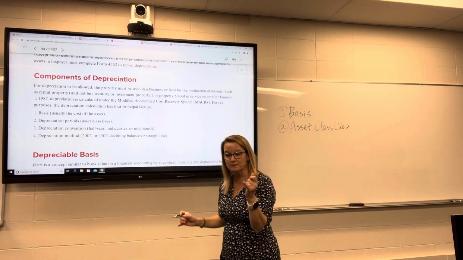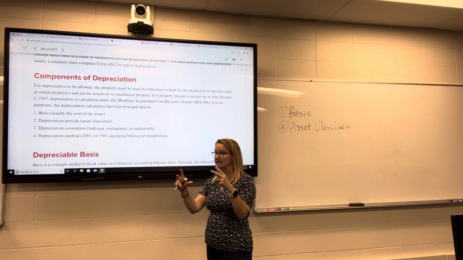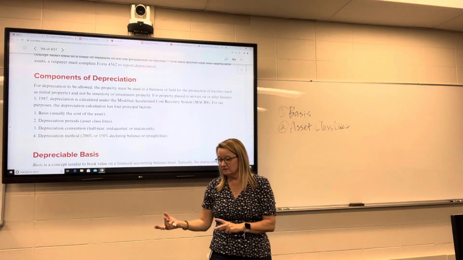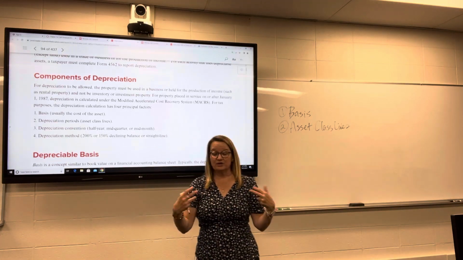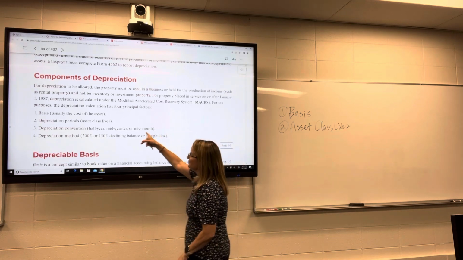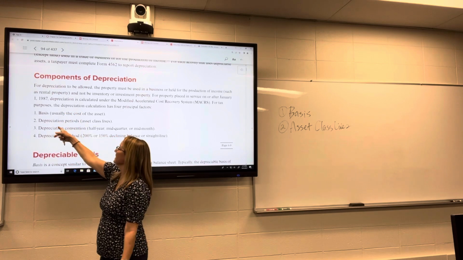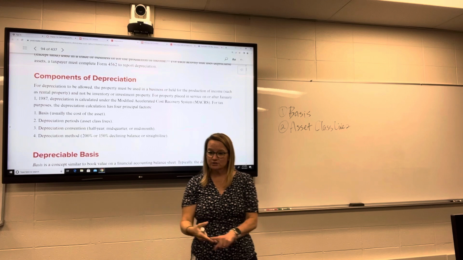So the first thing is, what did we pay for it, or what are we using as its basis? And I say that because we can acquire assets in lots of different ways. We could inherit an asset, somebody could give it to us, or we could buy it. But once we determine what the cost is of that asset, then we have to look at what type of asset it is. Is it furniture?